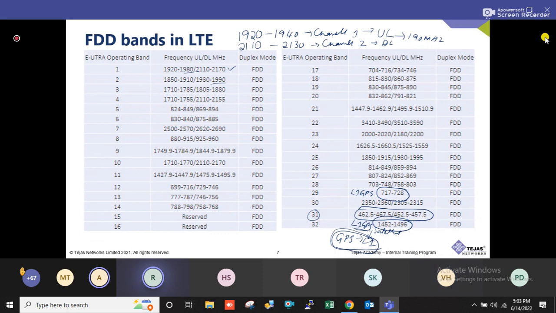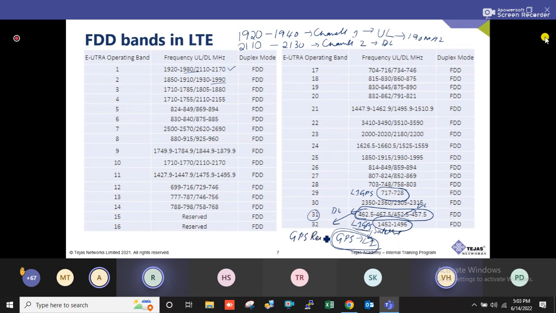No, come again. Okay, see, the basic idea is, if you look at this particular frequency, what you mentioned is that this should have been downlink and this should have been uplink, correct? Now, if you look at it, this is downlink. The reason is that this particular frequency has some connection with the GPS receiver signal.